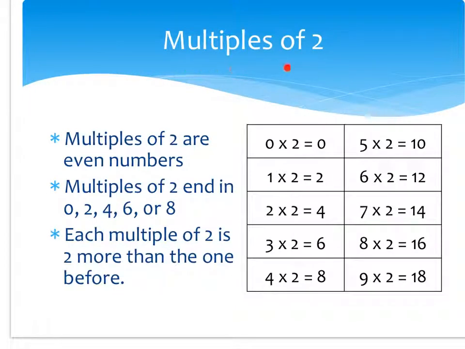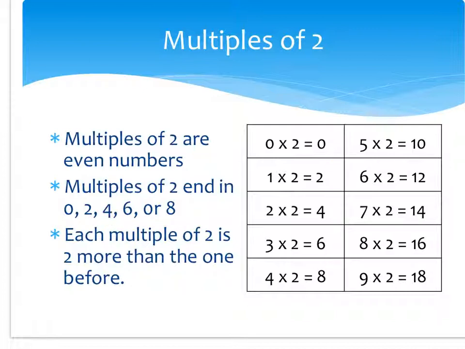When you have a multiple of 2, right here are the answers in multiplication problems that have 2 in them. Multiples of 2 are always going to be even numbers, and you can look at these examples and the ones we had on our number line and our hundreds chart, and you'll see that all the multiples are even numbers. You'll also notice that multiples of 2 end in the number 0, 2, 4, 6, or 8.